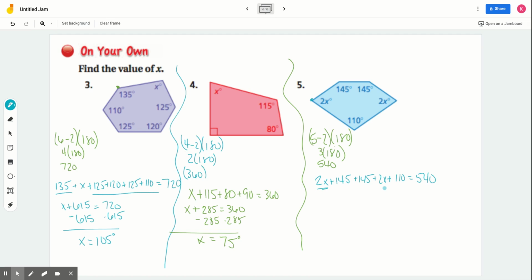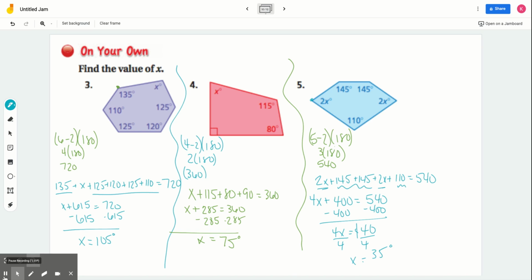So when we go to combine our like terms here, 2x plus 2x is 4x, 145, 145, and 110 makes 400. And we can use our inverse operations, again, starting with addition and subtraction. 4x equals 140. Divide by 4 on both sides to find that x is 35 degrees.